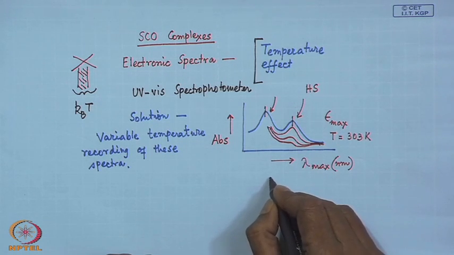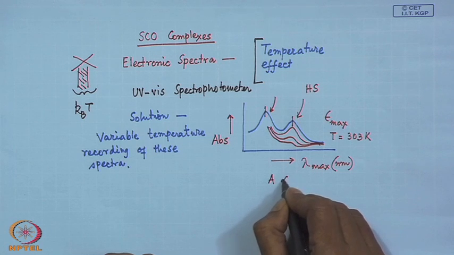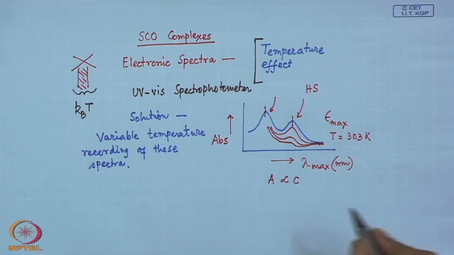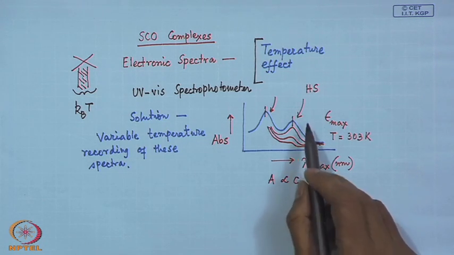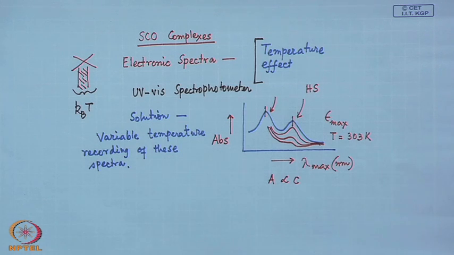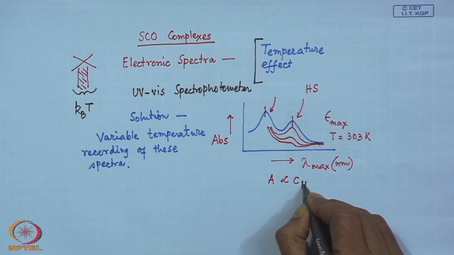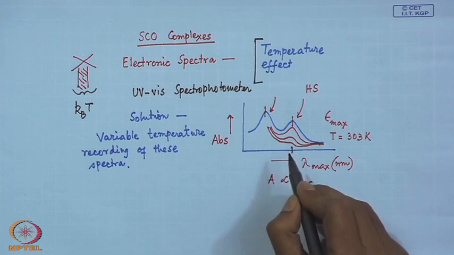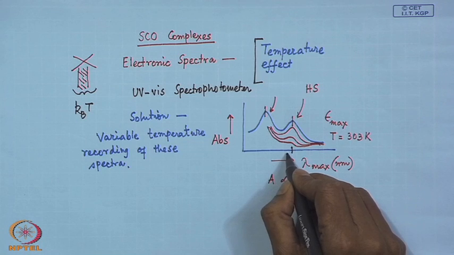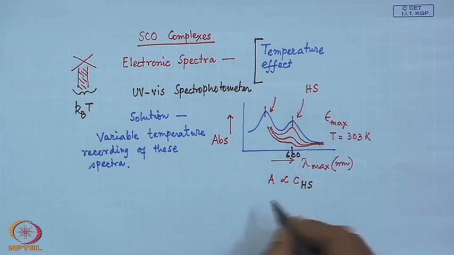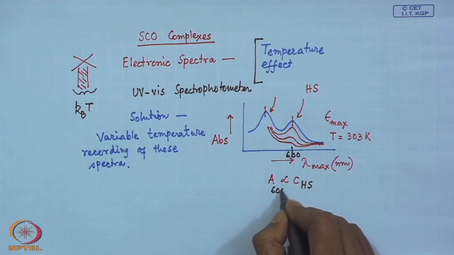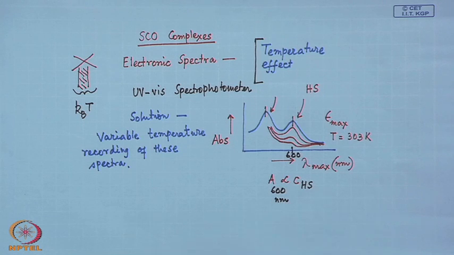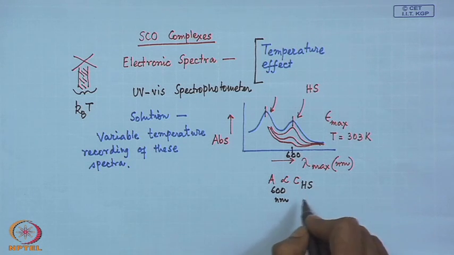We know that absorbance is proportional to the concentration available there, and particularly here we are looking at the concentration of the high spin molecule. So, absorbance at a particular wavelength, say 600 nanometer, is proportional to the concentration of the high spin species.